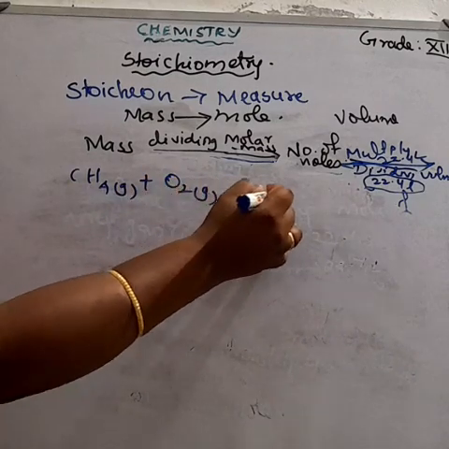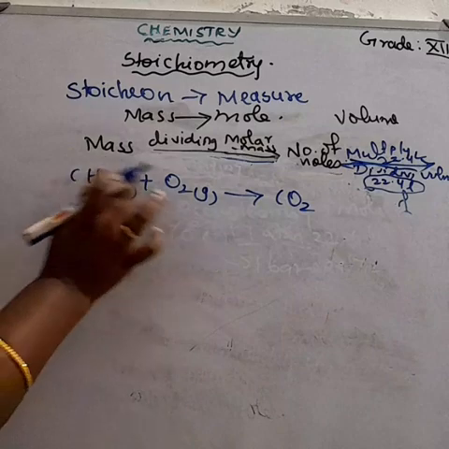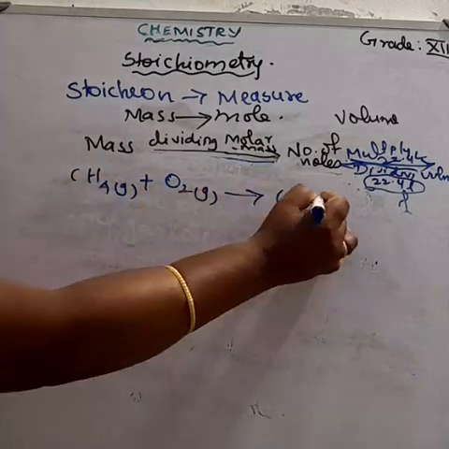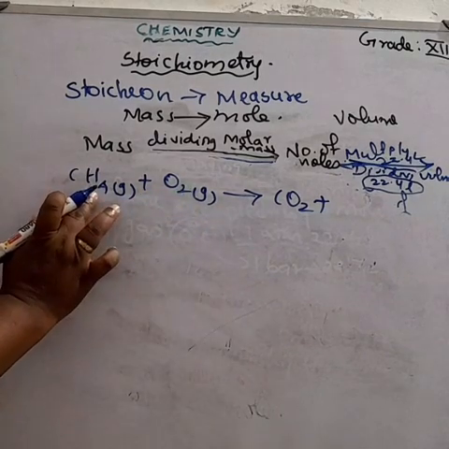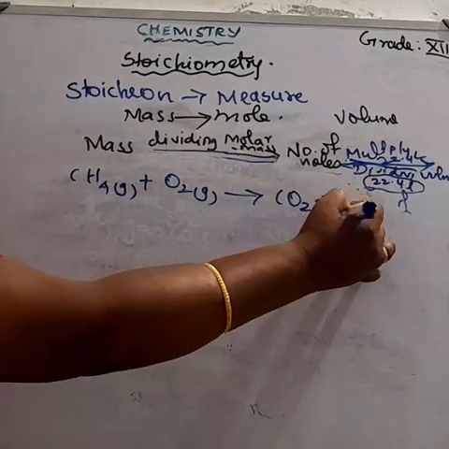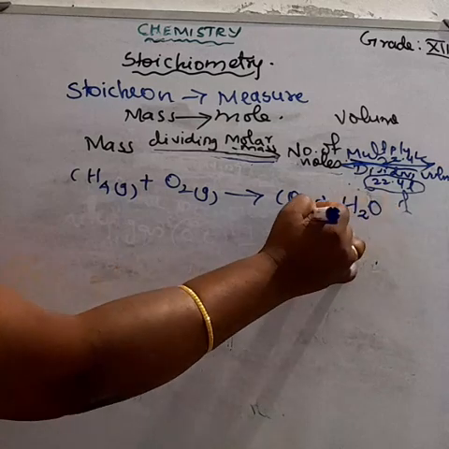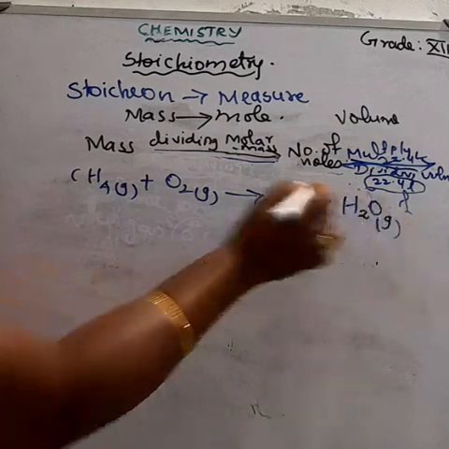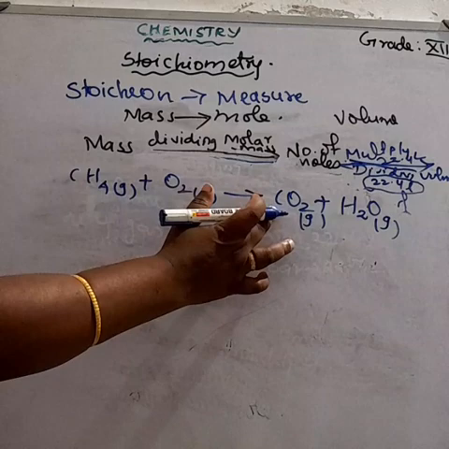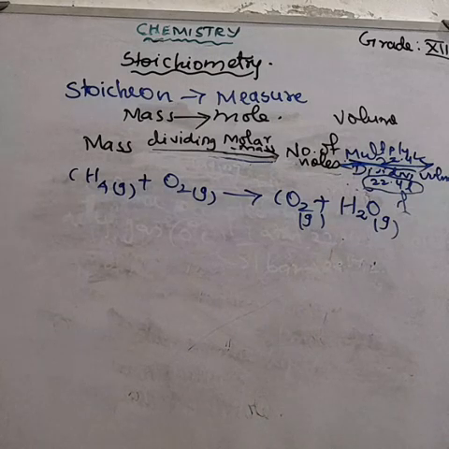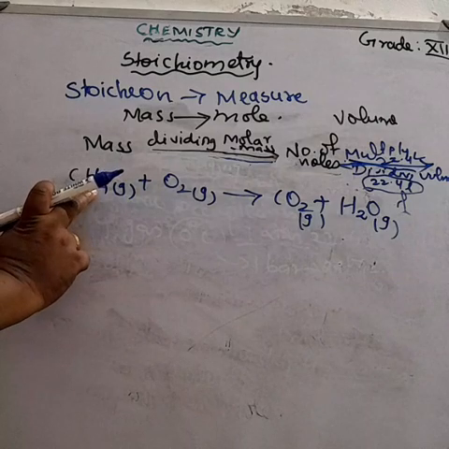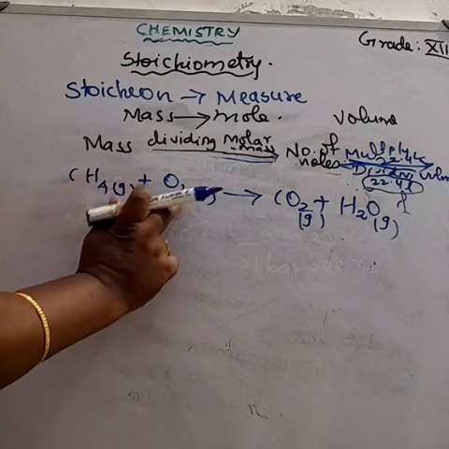Carbon combined with oxygen gives carbon dioxide, and hydrogen and oxygen also combine, so the water molecule is also formed. When methane combines with oxygen, it always produces carbon dioxide and water.